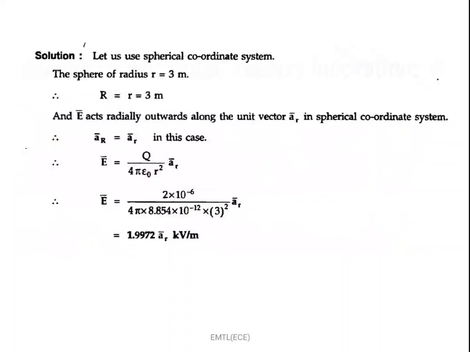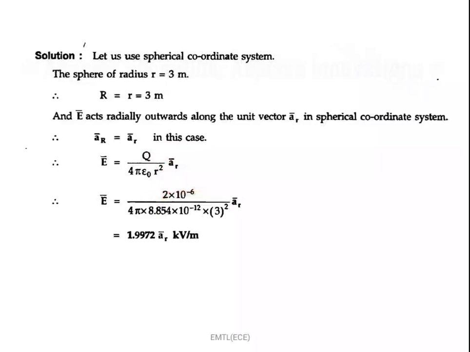Here the electric field intensity is equal to the formula Q by 4 pi epsilon naught R square AR bar. Here the radius is simply the radius of the sphere, that is 3 meters, and along the radius the unit vector is AR bar, and the charge is 2 microcoulombs.